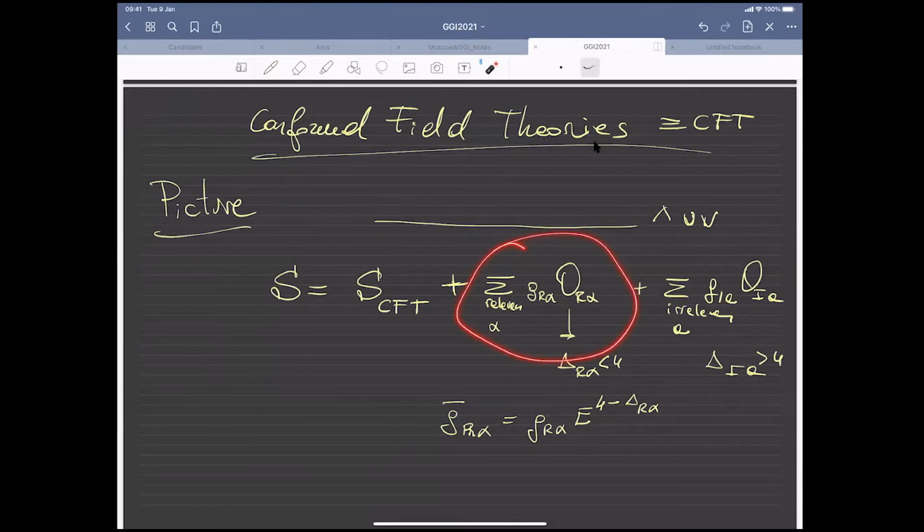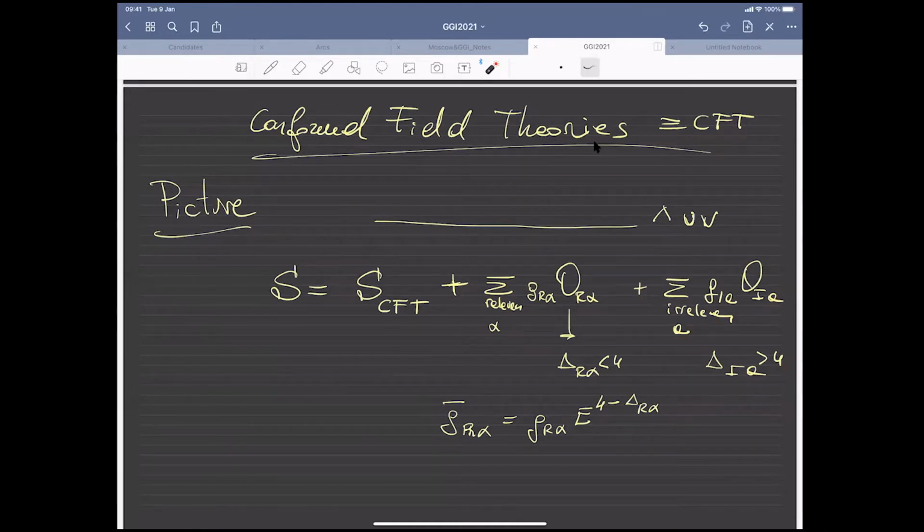Okay, so you have these ones here. The effect of these operators will decrease with energy. So then what happens? The picture is that you emerge from the ultraviolet with this quantum field theory, which can be written as a maybe strongly interacting conformal field theory, perturbed by some relevant and irrelevant interactions. The irrelevant interactions, if you're allowed to go to lower energy, quickly become small perturbations because their effect decreases with energy.